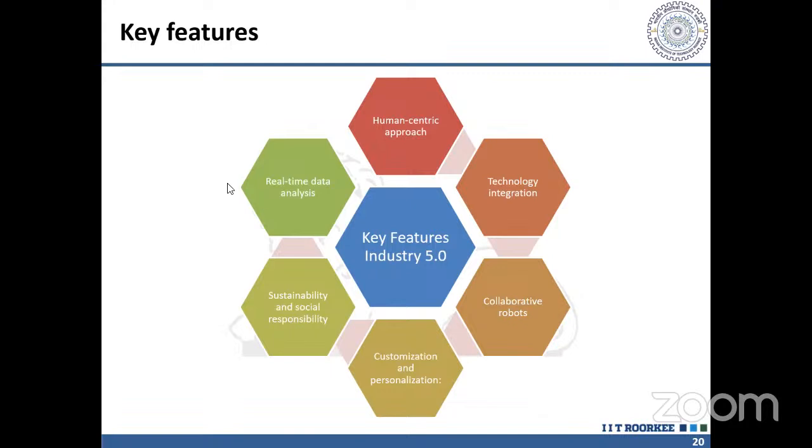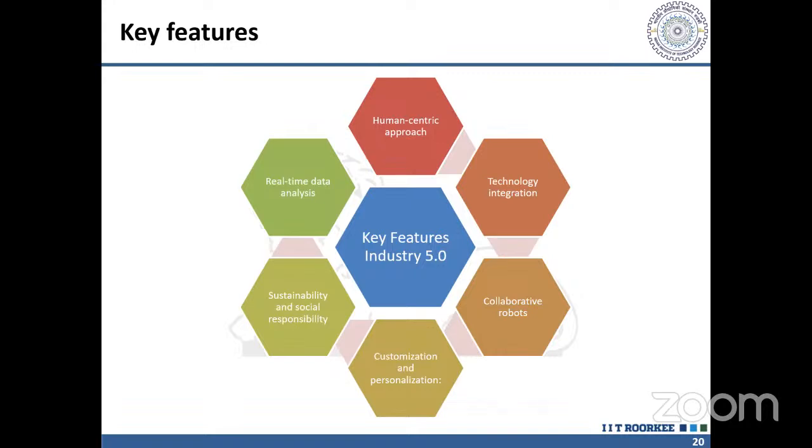The next one is flexibility, or we can say flexibility and agility. Digital twin technology can simulate the production process and allow manufacturers to quickly adjust production in response to changes in demand.